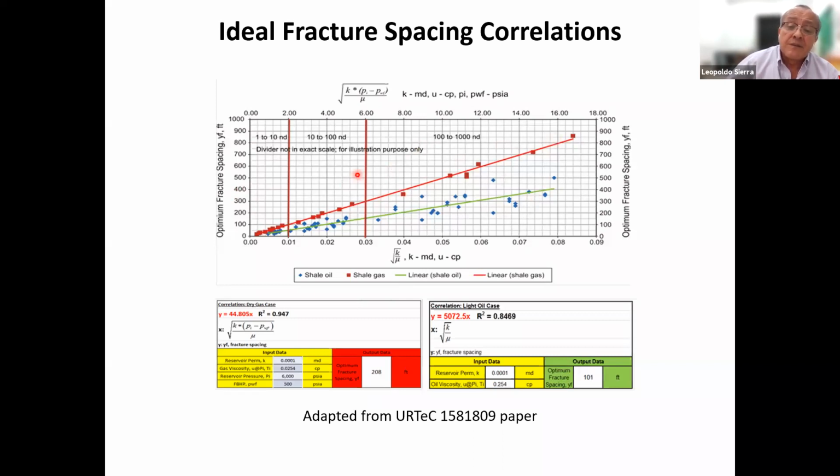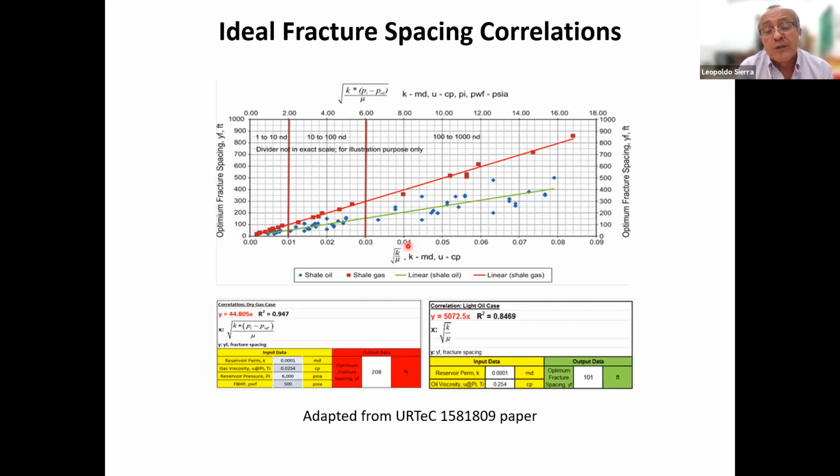And the red one is for gas, but the green one is for oil. So for the case of oil, we only need to know the permeability of the formation and the viscosity of the oil. Permeability divided by the viscosity is really mobility.